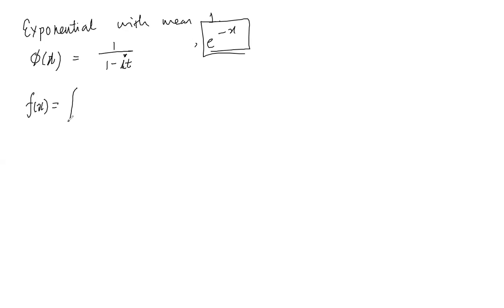Okay, so you basically have this: e of minus itx, times 1 over 1 minus it, dt.